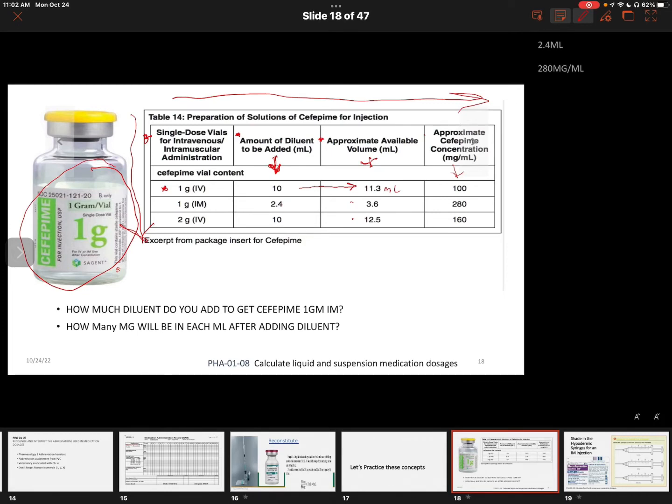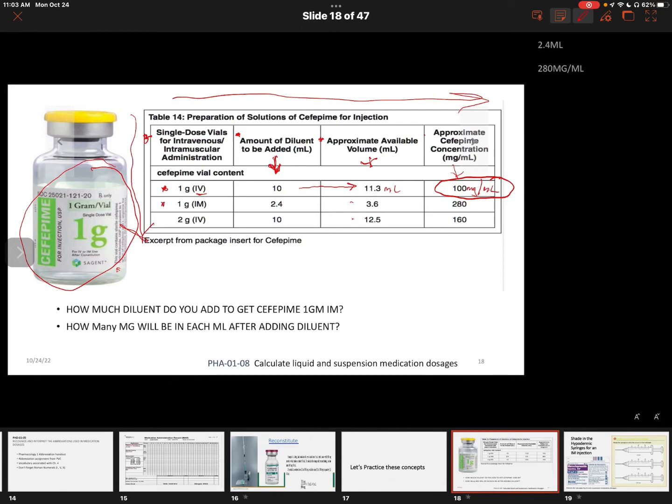The manufacturer says 100 milligrams per milliliter. So if I had a drug problem that I needed to set up to calculate, I would end up using this if I needed to give it by IV.